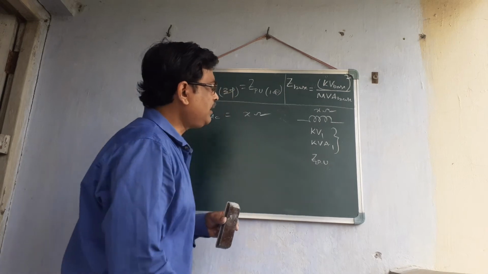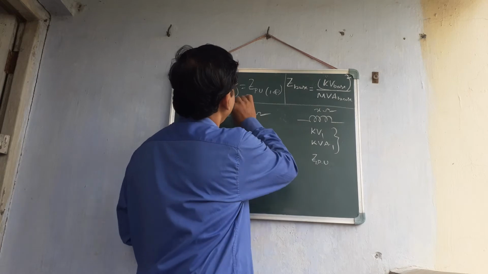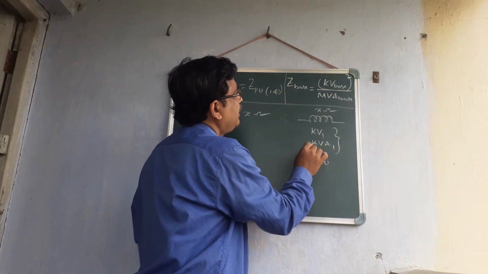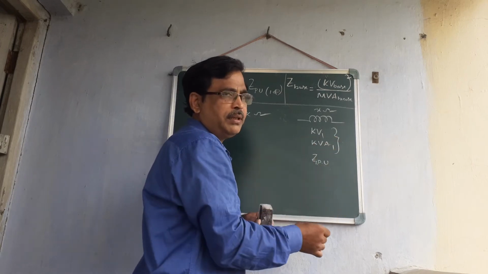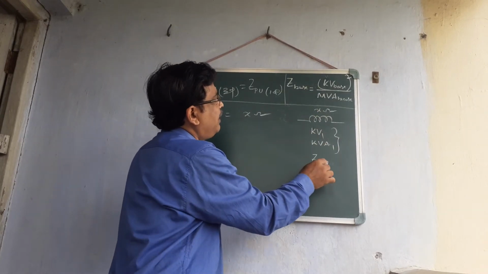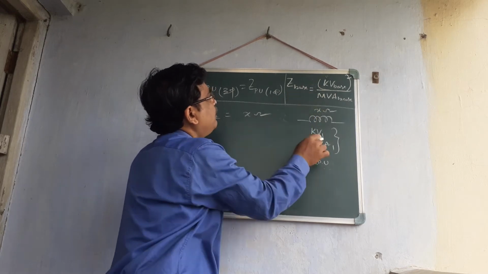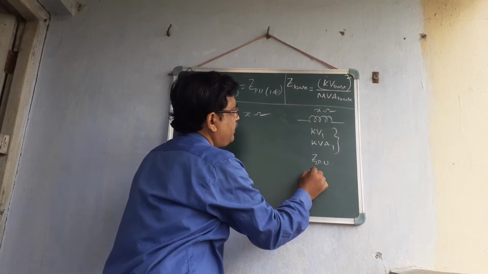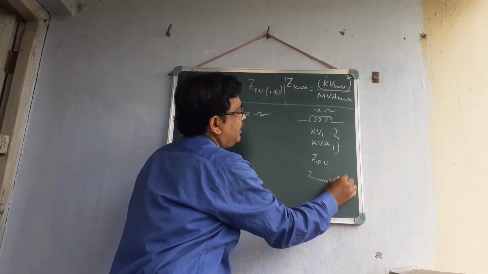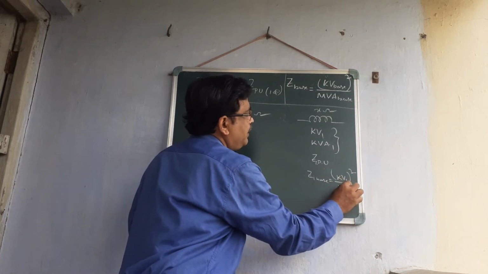With this, what is that? Again, the actual value. Z base is kV base square by kVA by 1000, because that is the MVA formula. So Z1 base equals kV1 square by MVA1.